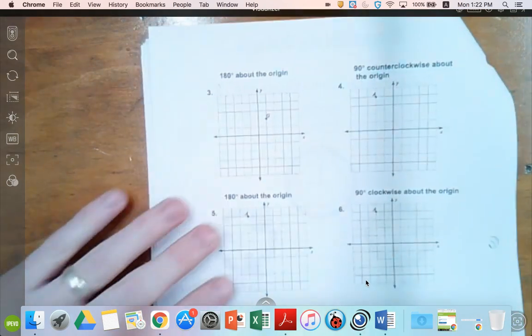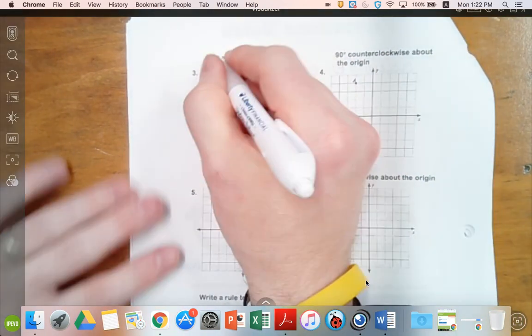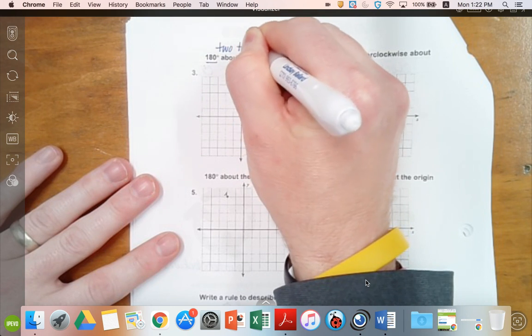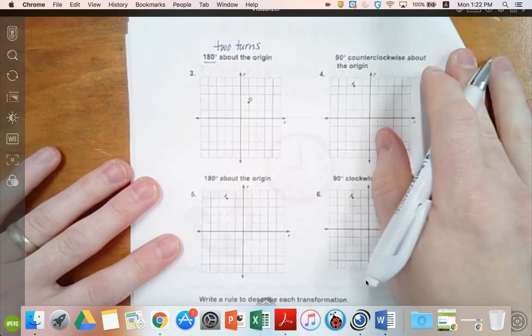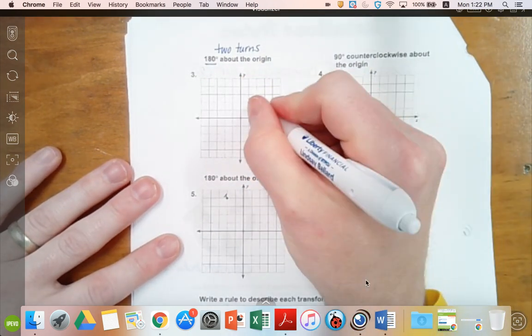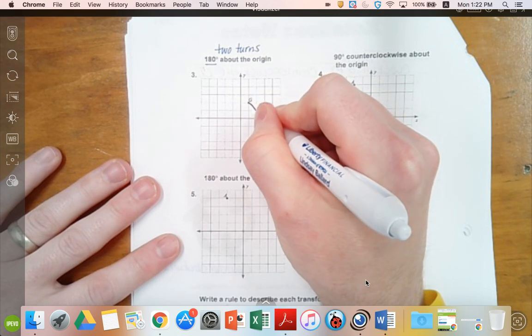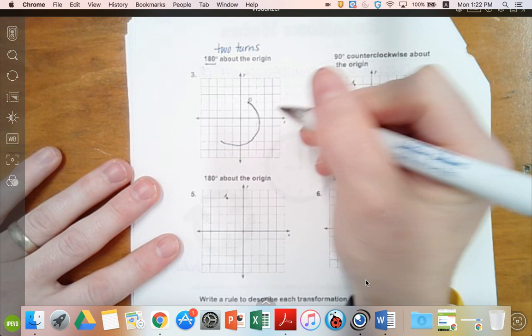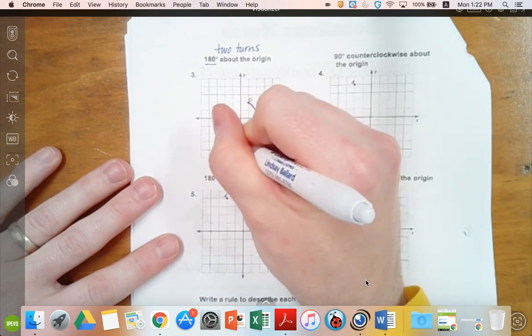It tells me I want to do 180 degrees. 180 degrees is 2 turns. So if I do 180 degrees clockwise, 1, 2. So here's my first turn, my second turn.